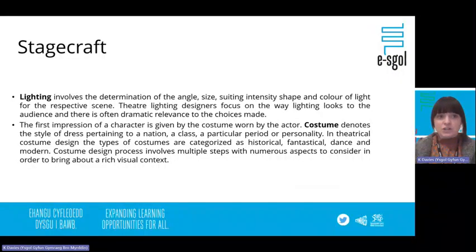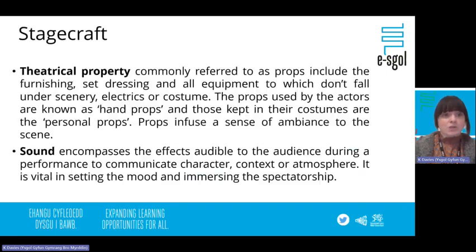So things like costume, because that could denote a particular class with regards to societal class. It could categorize a time period. With regards to lighting, you've got things like trying to bring intensity or focus to a specific choice by the playwright.